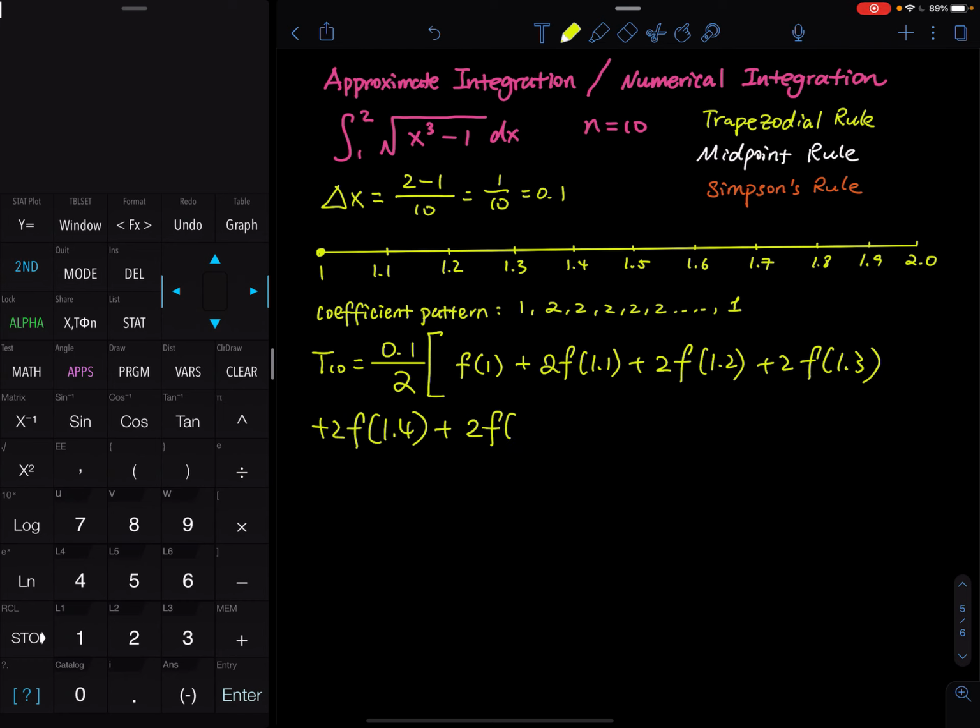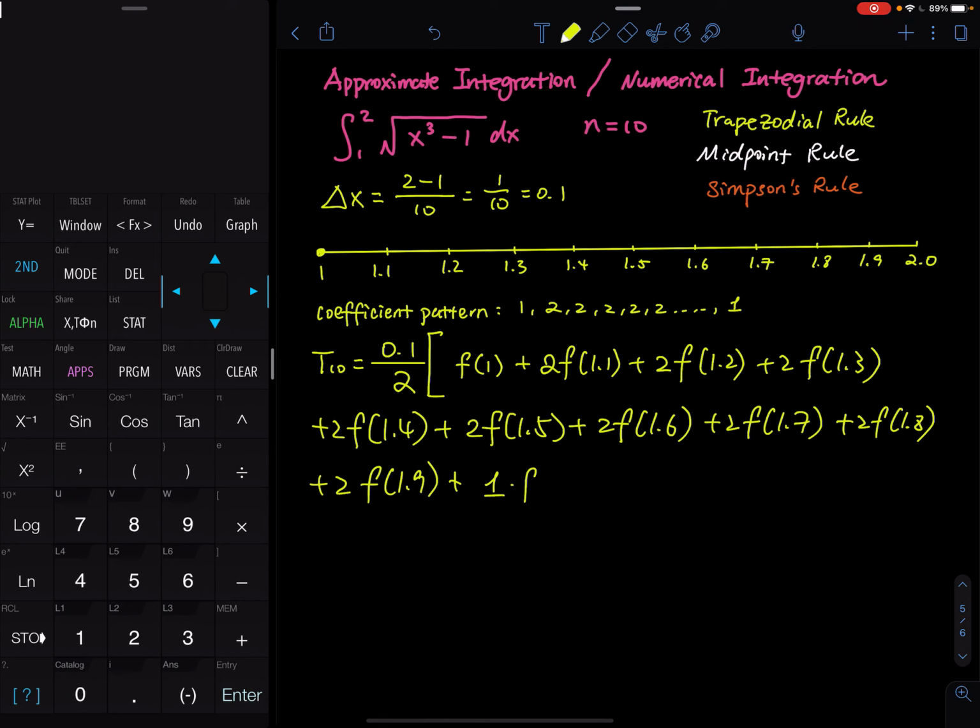So 2 F of 1.5, 2 F of 1.6, 2 F of 1.7, 2 F of 1.8, plus 2 F of 1.9, and then plus 1 times F of 2.0. So let me make sure I have all the numbers: 1, 1.1, 1.2, 1.3, 1.4, 1.5, 1.6, 1.7, 1.8, 1.9, and then 2.0.